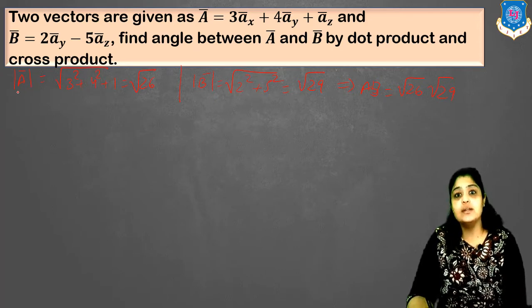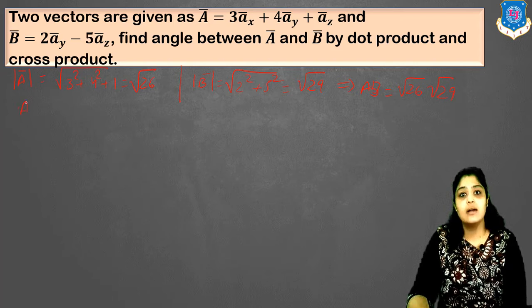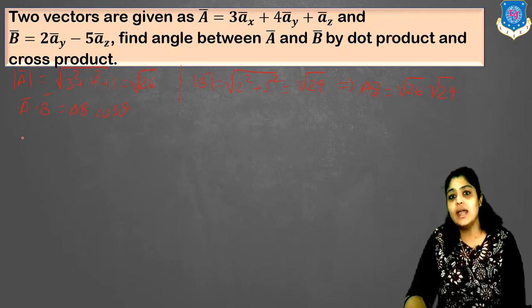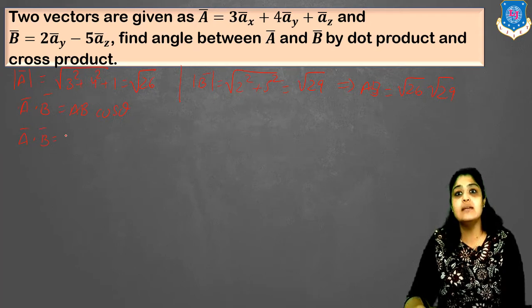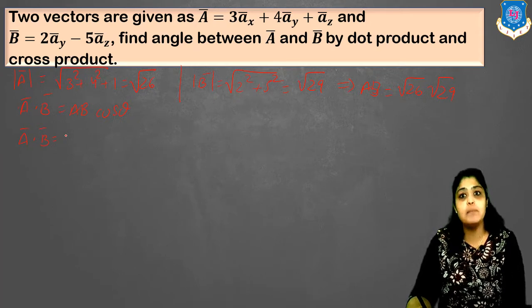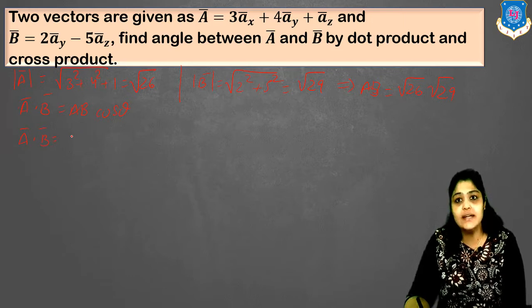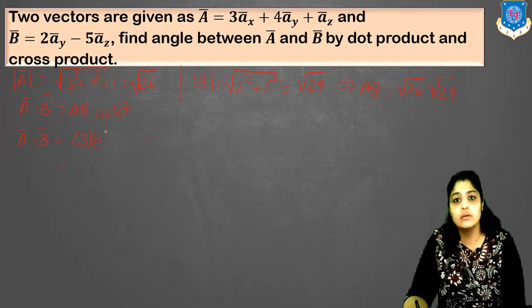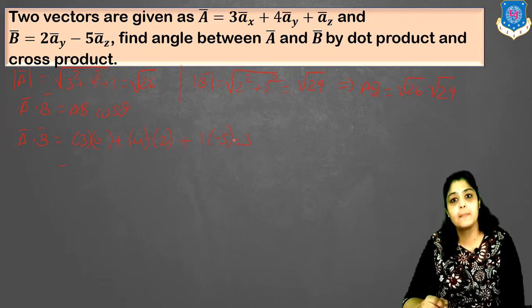Now I'll start using the dot product. The dot product says that A dot B is equal to AB cos theta. Now how do we find A dot B? We find A dot B by using AxBx plus AyBy plus AzBz. So I'll just write it directly: 3 into 0 plus 4 into 2 plus 1 into minus 5, that gives me 3.